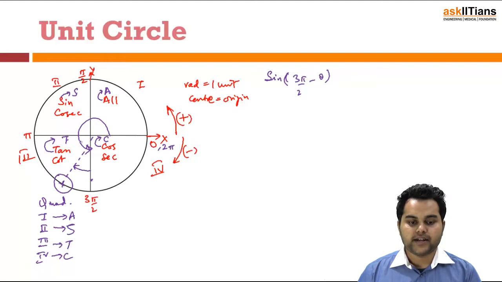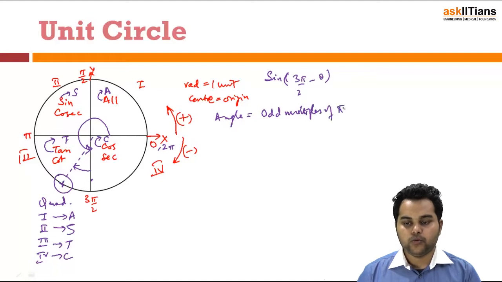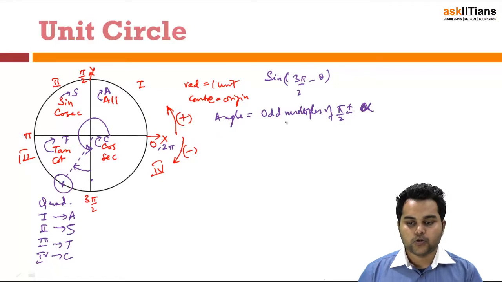Now here it's negative, and the rule says, I'll jot down the rules for you, that if I have the angle of the form odd multiples of pi by 2 plus minus alpha, let's say this is alpha, because I already defined theta, then there would be a transformation in the trigonometric ratio, that is sine to cos and vice versa, tan to cot and vice versa, and sec to cosec and vice versa.